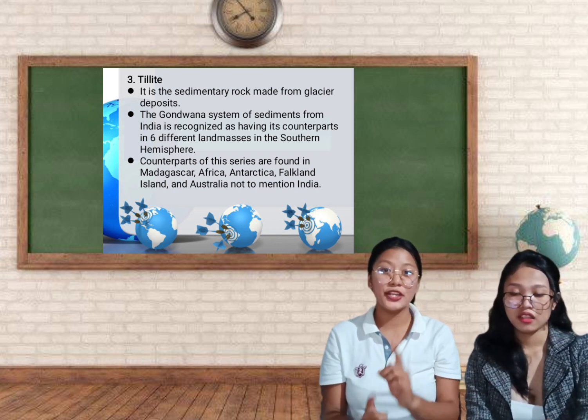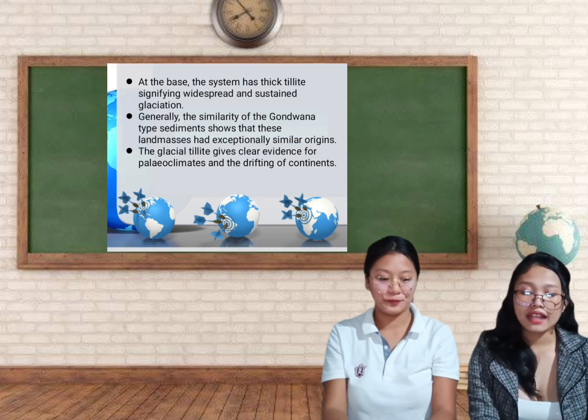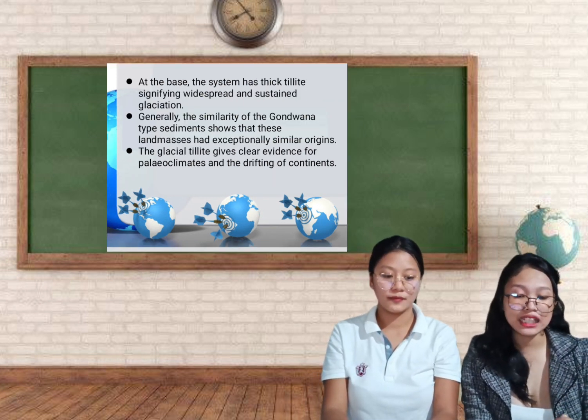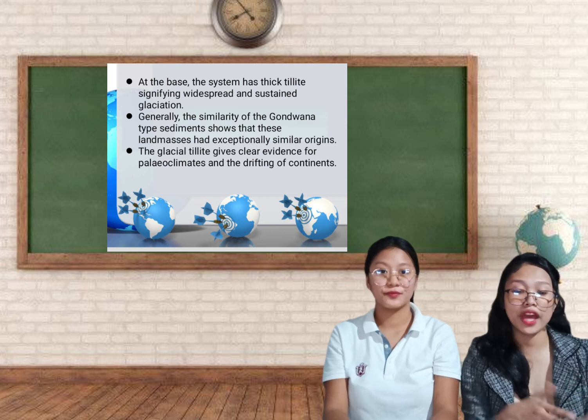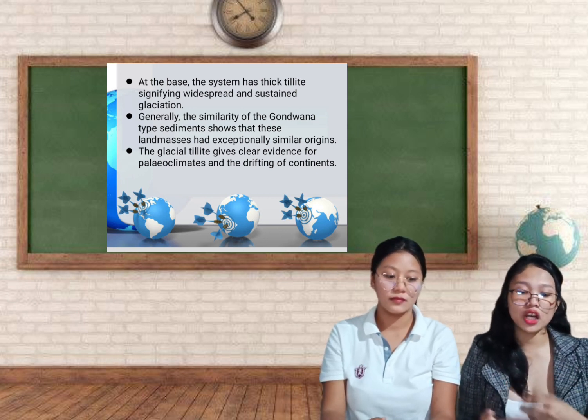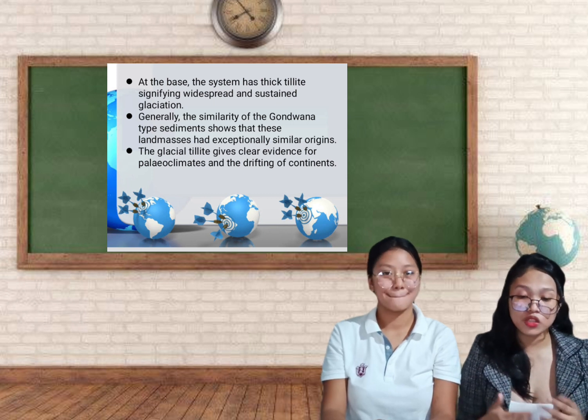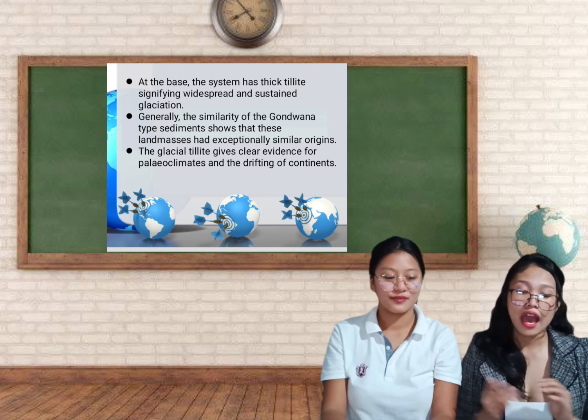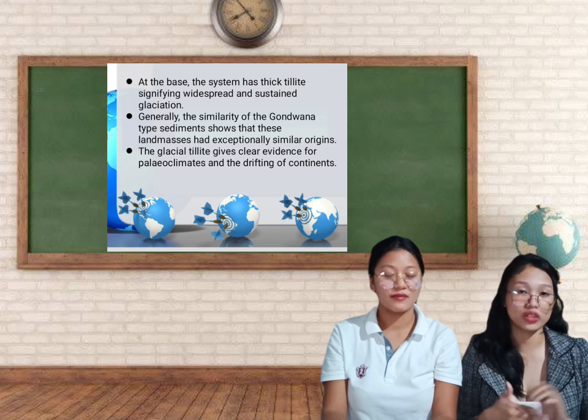Remember those places. At the base, the system has thick tillite signifying widespread and sustained glaciation. Generally, the similarity of the Gondwana type sediments shows that these landmasses had exceptionally similar origins.